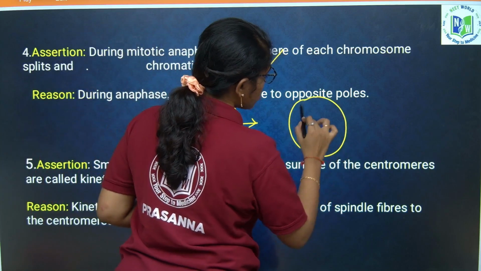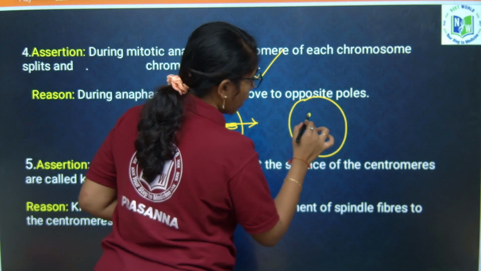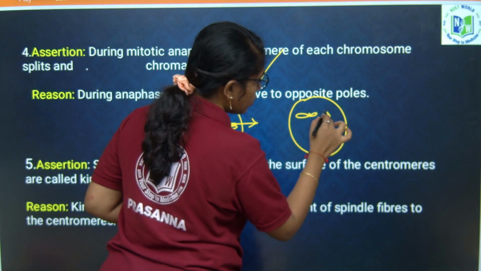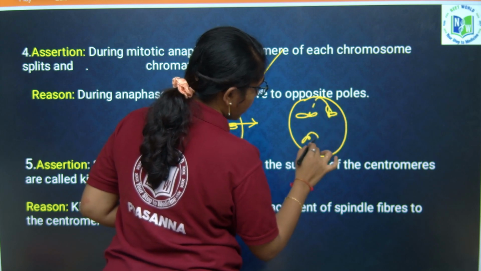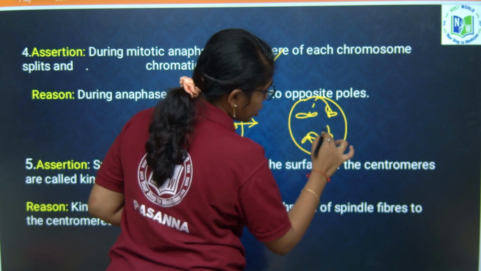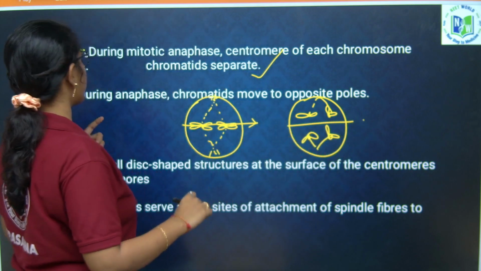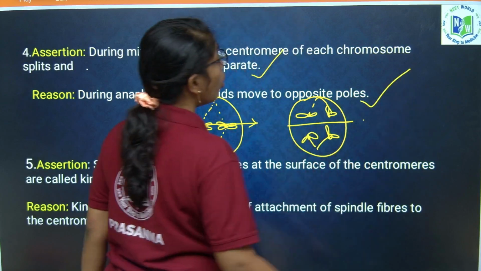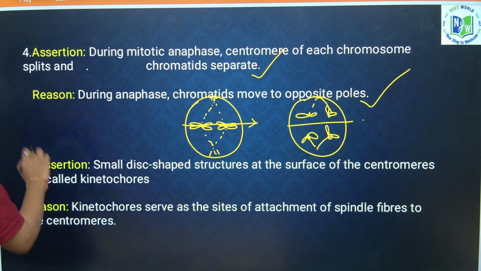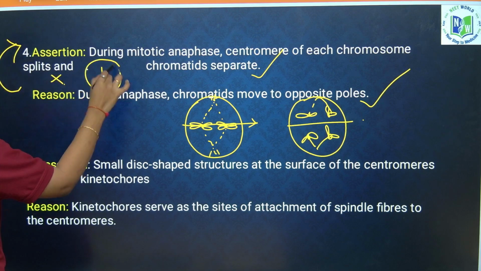In anaphase, centromere splitting takes place and chromatids will move to the opposite poles. Yes, this is correct. During anaphase, chromatids move to the opposite poles. Both the statements are true, but the reason is not explaining the assertion. Then the option will be B.